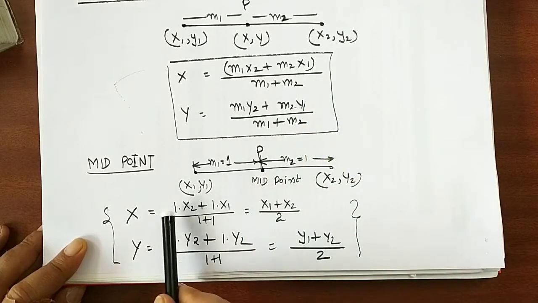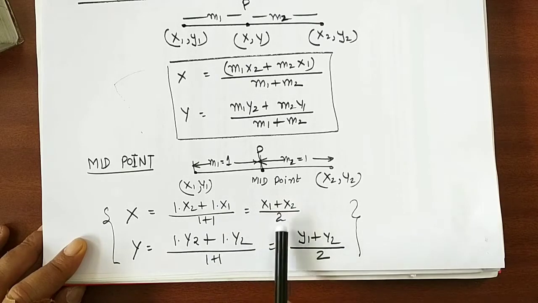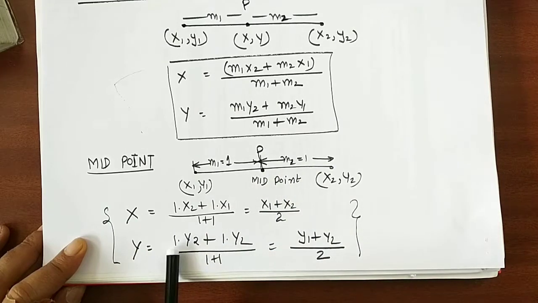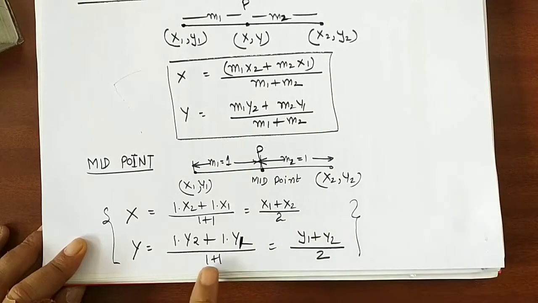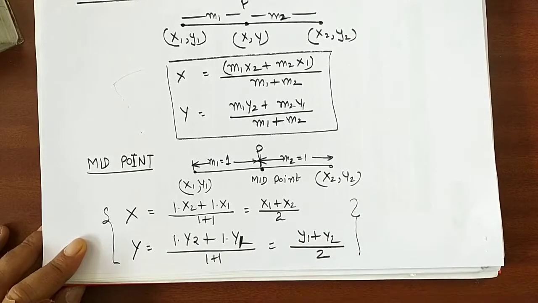So this will be 1x2 plus 1x1 by 1 plus 1, which is (x1 plus x2) by 2. And for the y part, the y coordinate of the midpoint will be 1 into y2 plus 1 into y1 by 1 plus 1, which is 2. The formula became (y1 plus y2) by 2.